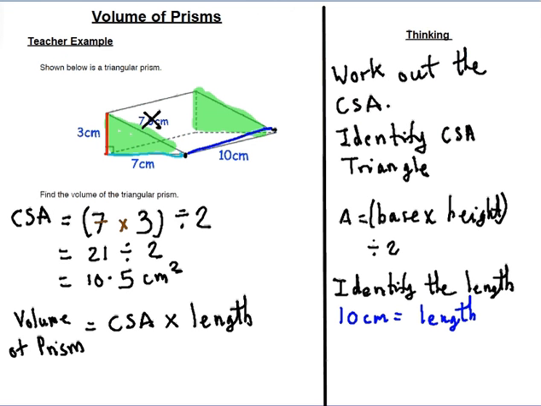My final step is to use the formula for the volume of a prism. The volume of a prism is the cross-sectional area times by the length. My cross-sectional area we worked out before was 10.5. So I write down 10.5 here.